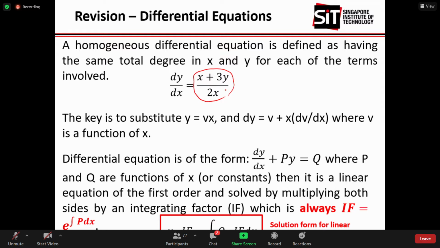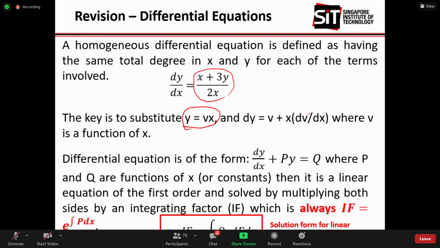To solve this type of differential equation, you need to perform a substitution. The substitution is to set y equal to vx, and differentiating, you would have dy equal to v plus x dv/dx.